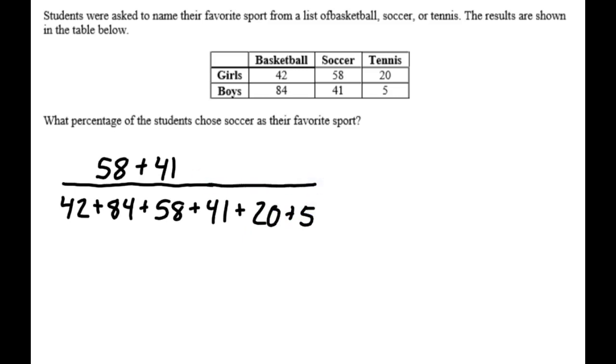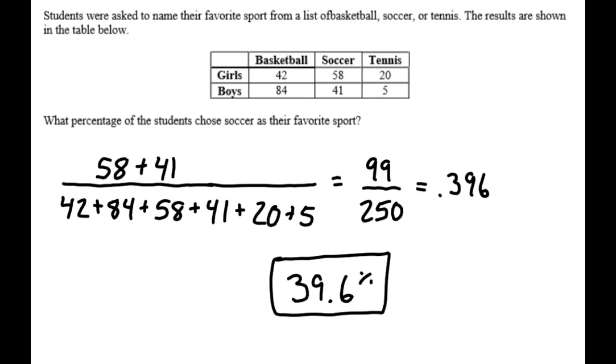Okay. So now we just have to simplify the numerator, simplify the denominator, divide those out to get our percentage. Simplifying the numerator and denominator, we get 99 over 250, which simplifies to 0.396. Converting this to a percent, move the decimal 2 place values. So the percentage of students that chose soccer as their favorite sport was 39.6%.